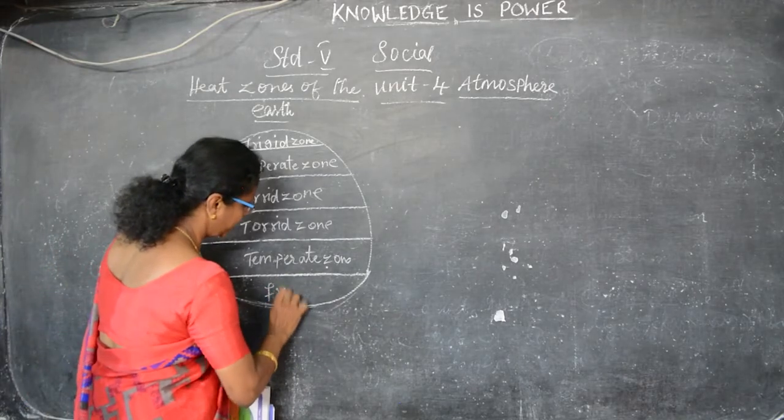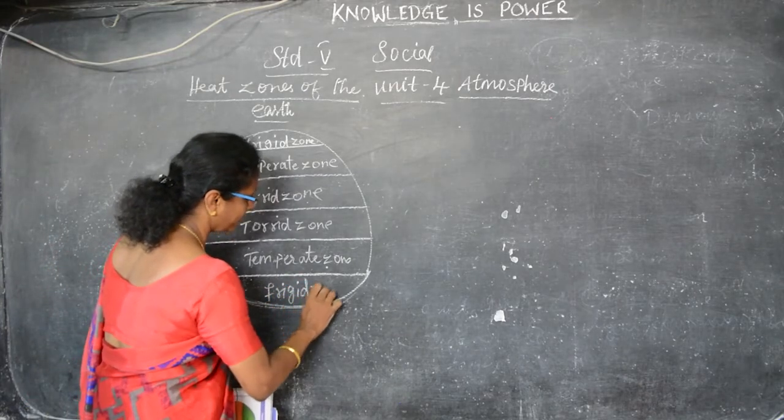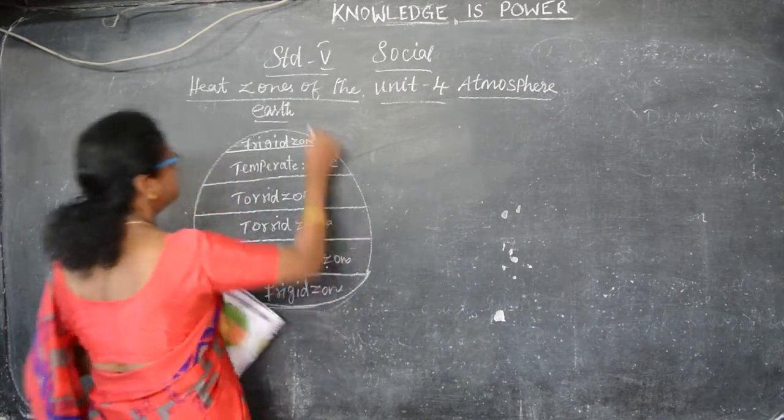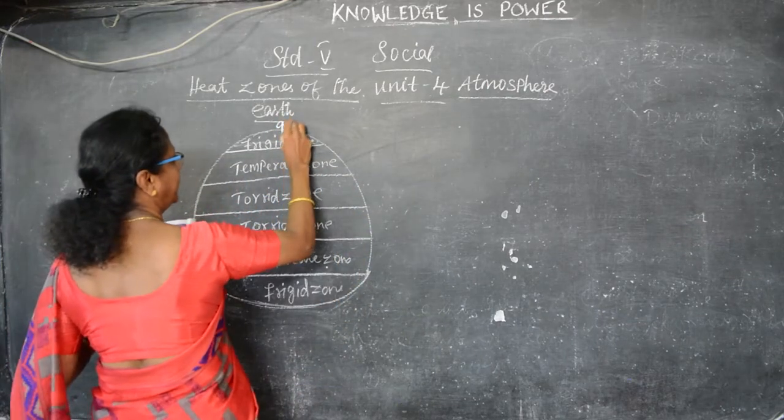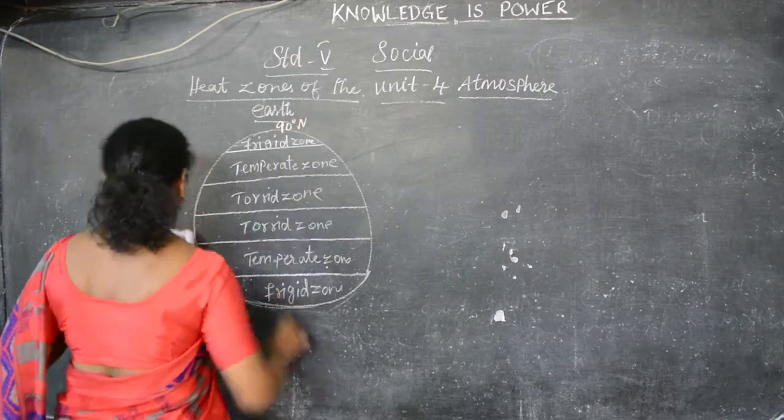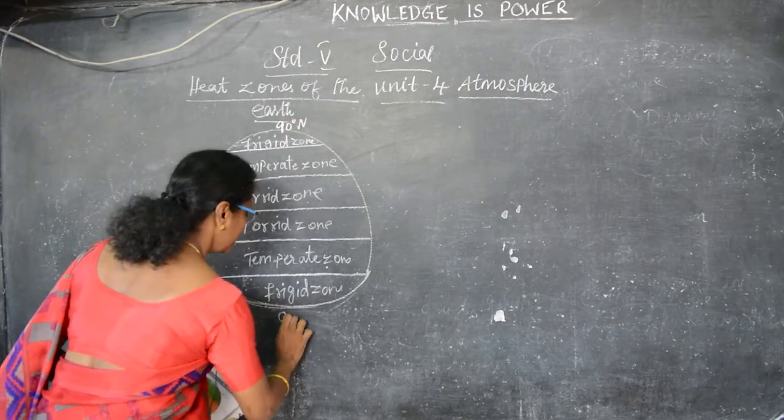And this is the frigid zone. So here at the top is 90 degree north, and this is 90 degree south.